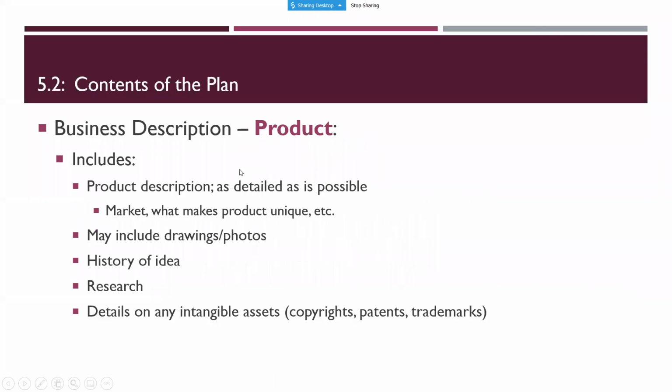So another part of the business description, your product or your service, as detailed as possible. What is your product? What is your service? And what kind of market are you looking for, and what makes that product or service unique? If you have a product, you might include drawings or photos of that product.